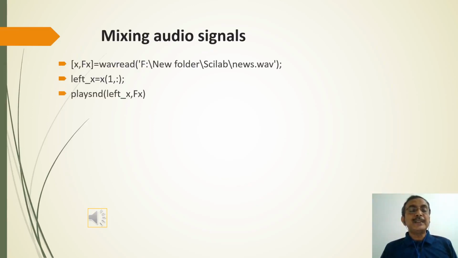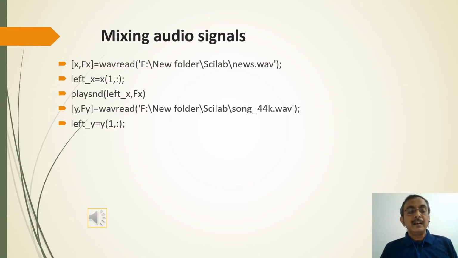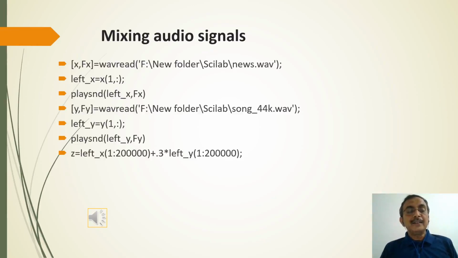Here we will be mixing only a single channel, but you can mix both the channels as well. Then another wave file, which is a song, is read, and the samples are stored in the vector y. Similarly, we extract the left channel of y, and then we can add these two files.